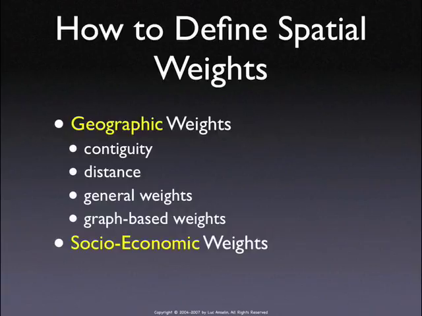We can have different graph-based weights, of which you have several examples in the readings. And then a whole can of worms, socioeconomic weights. In other words, just about anything you want to be a spatial weight can be a spatial weight.